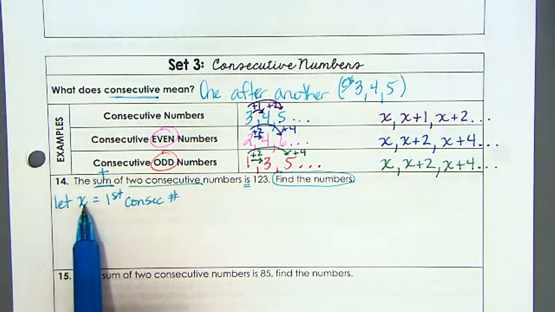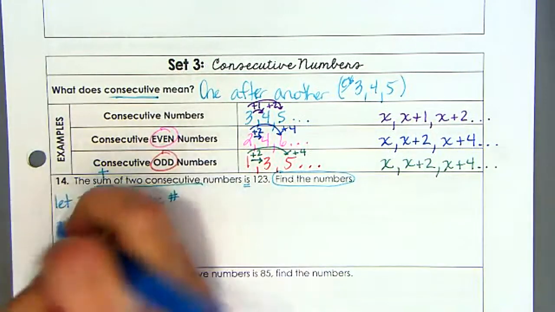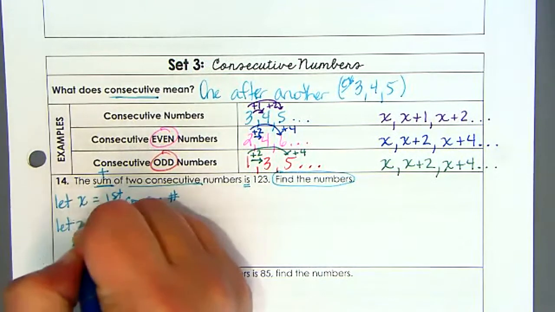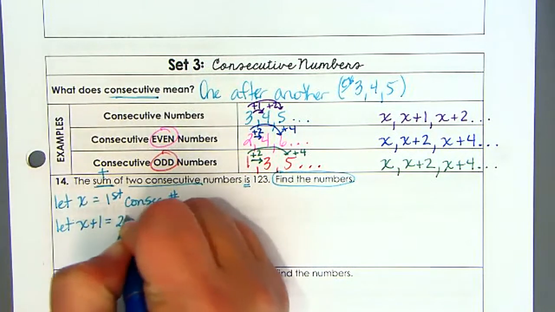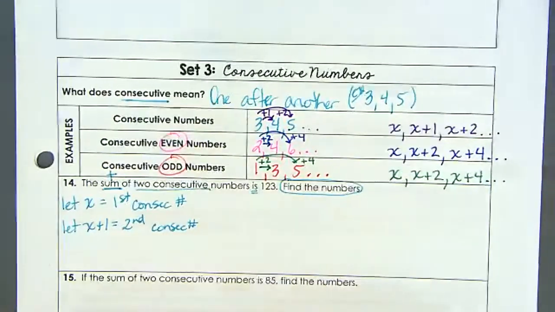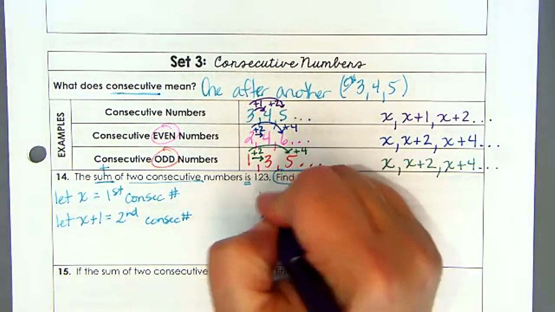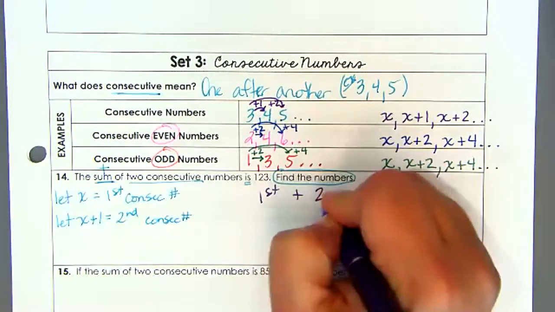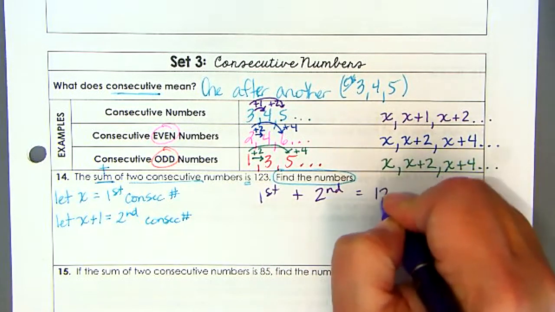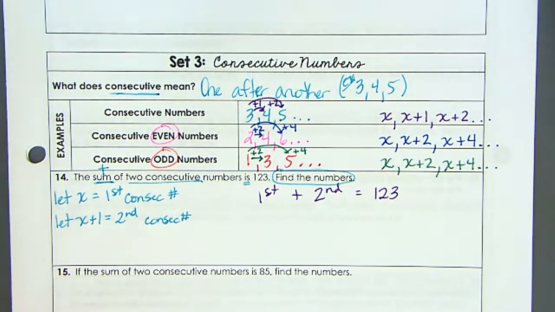If that's the first one, my second one is going to be X plus 1, representing the second consecutive number. So my game plan is the first plus the second is equal to the total, 123.